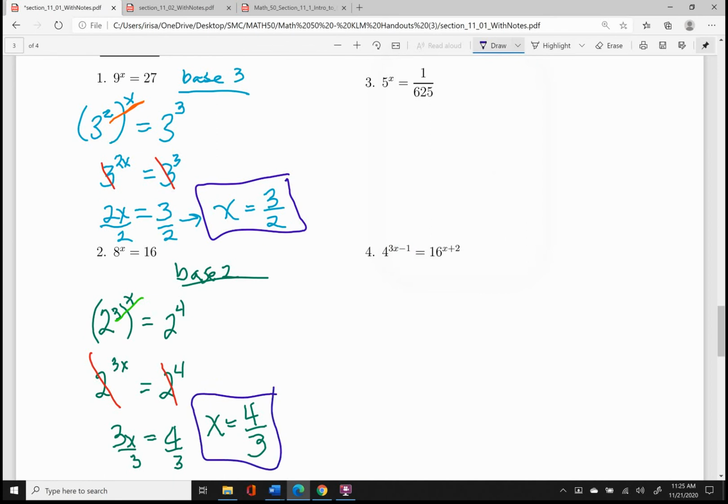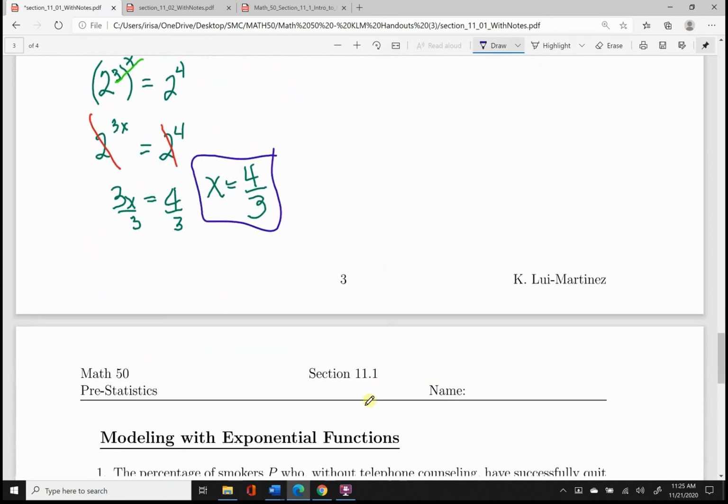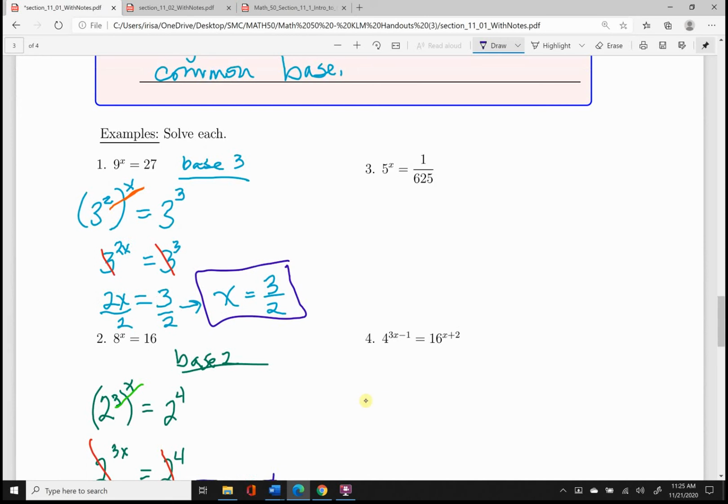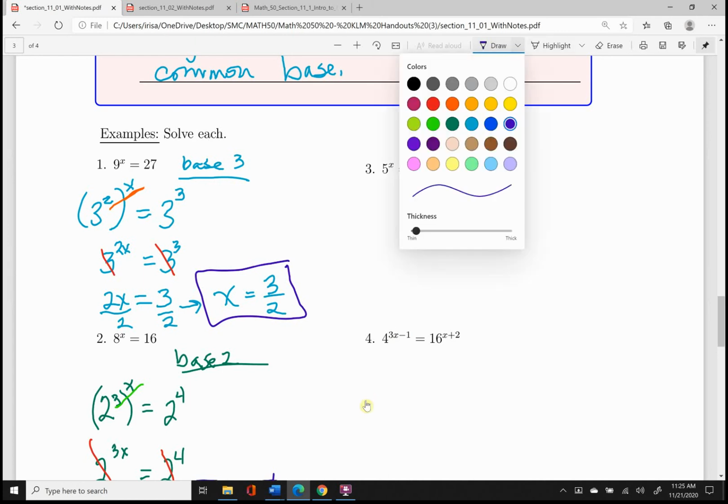A couple more exercises, and then oh yeah, we'll have a modeling exercise after that. Forgot about that one. Okay, this one is a little bit more challenging, but nothing we can't handle. We have a base 5 exponential expression on the left-hand side and 625 happening in a denominator. So you might be thinking negative exponents are in play, in which case I would say yes, good call.